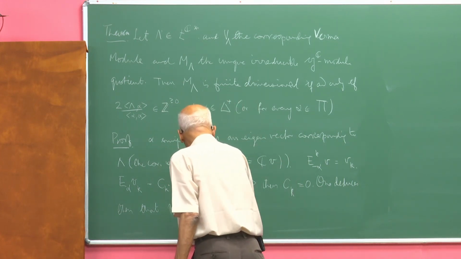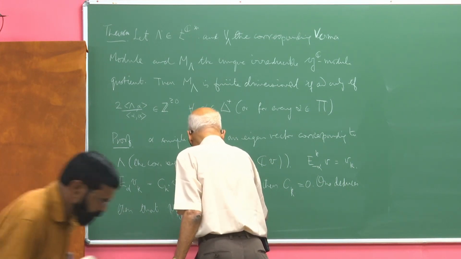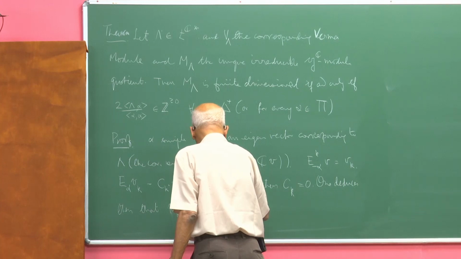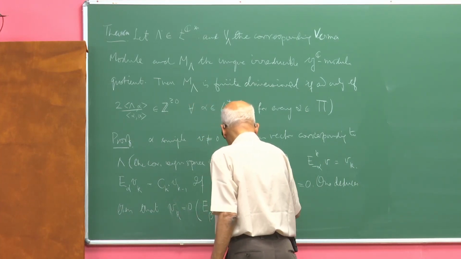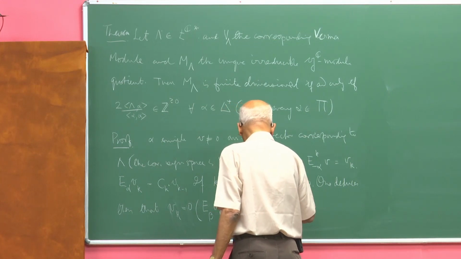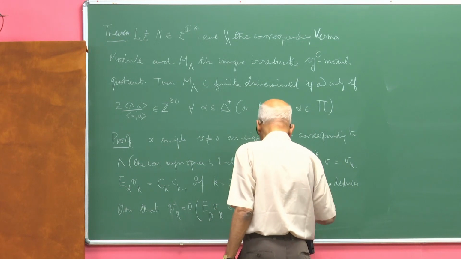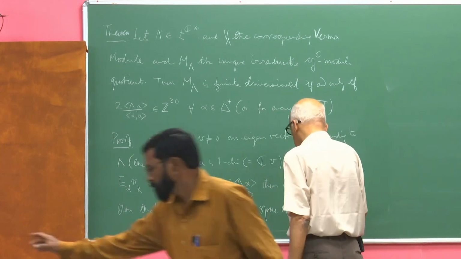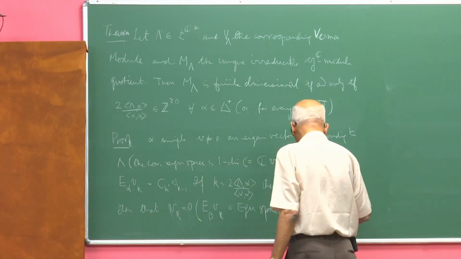You look at E_β of v_k. This is in the eigenspace of λ minus kα plus β.